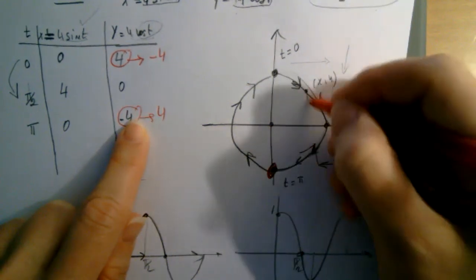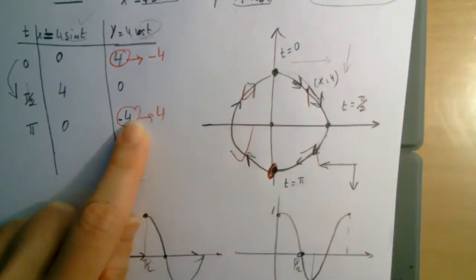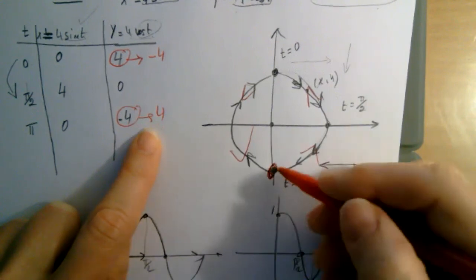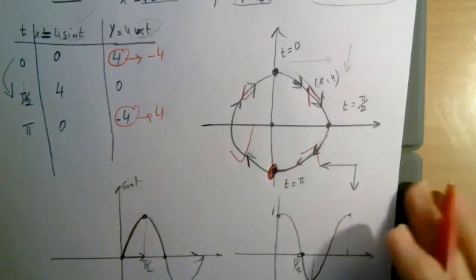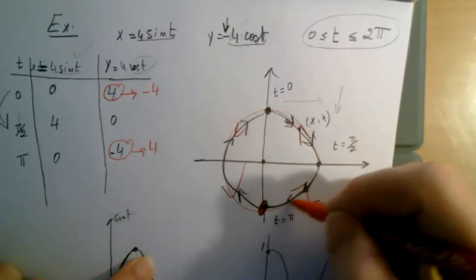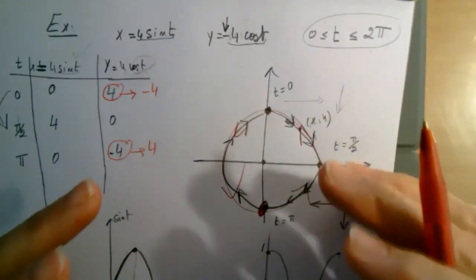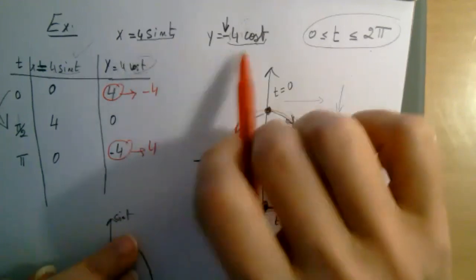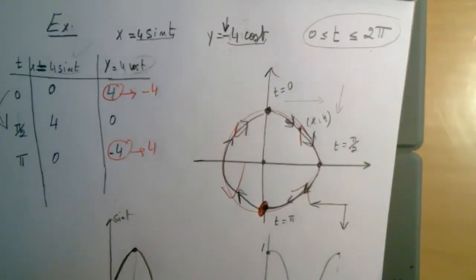So it's going to move in the counterclockwise direction starting from here. A little change in the equation will not change the physical curve, but it will change how your object is moving along the curve. That's a good question.